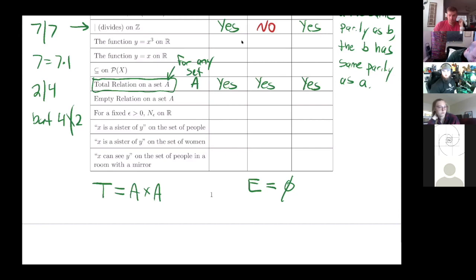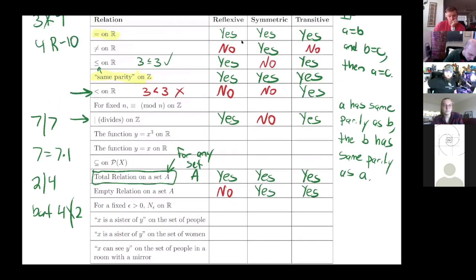And for the empty relation, we actually have a no and yes for this one. The reflexive property doesn't hold because each element is not related to anything else, including itself. However, the symmetric and transitive properties would hold, and it's a vacuously true statement because there's nothing to check.